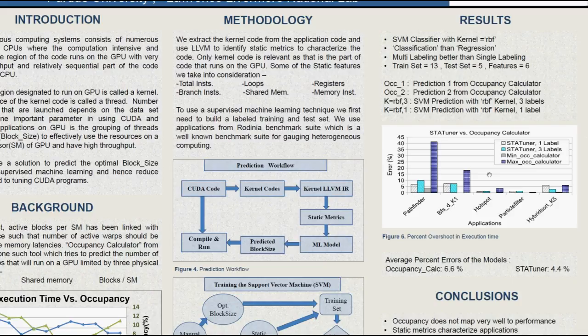We see that STATuner performs almost equivalently or better than the occupancy calculator for almost all test application kernels. We see that the average percentage error of the models on these applications is 6.6% for the occupancy calculator and 4.4% for STATuner, that is our model.